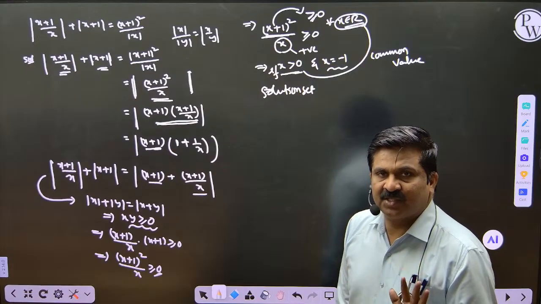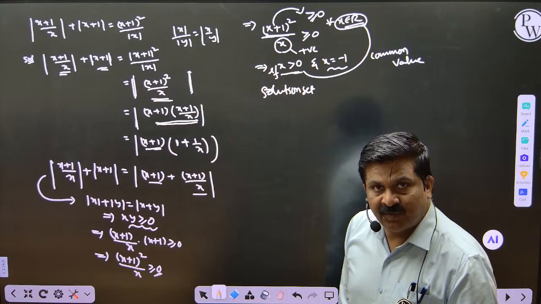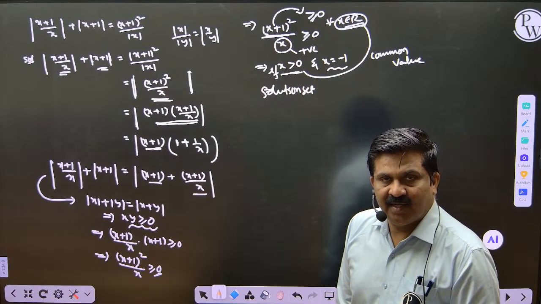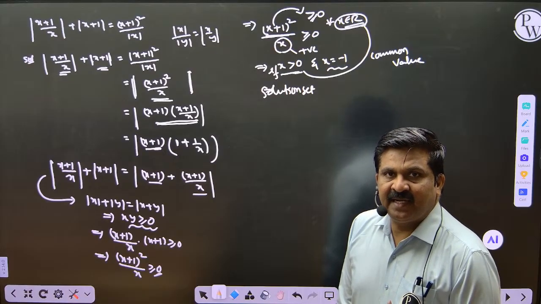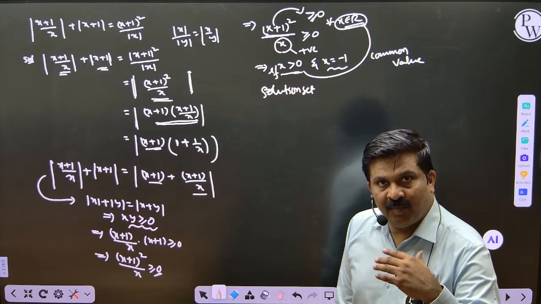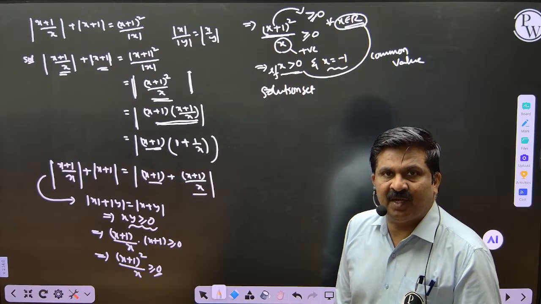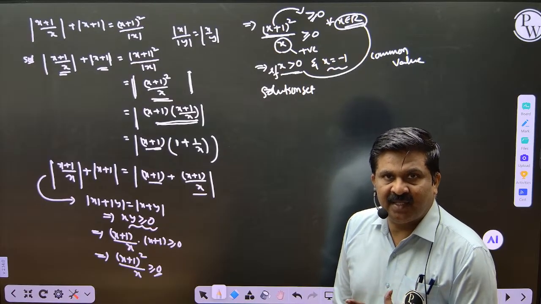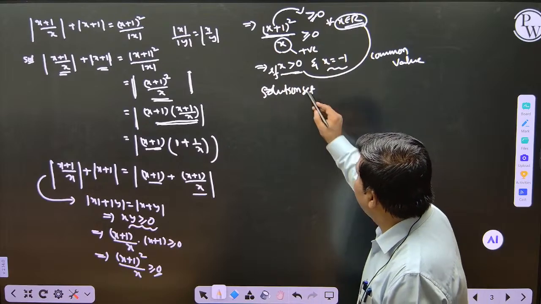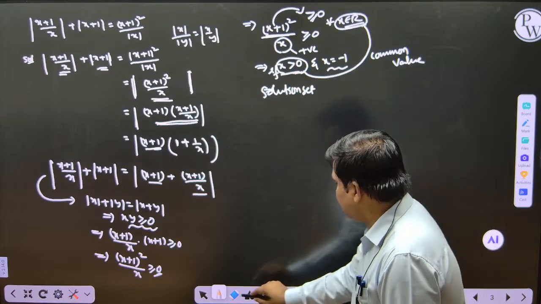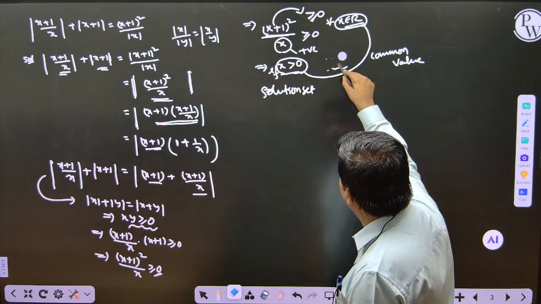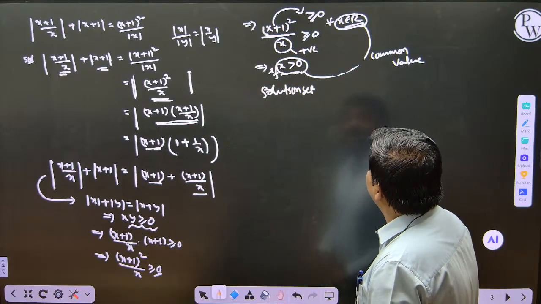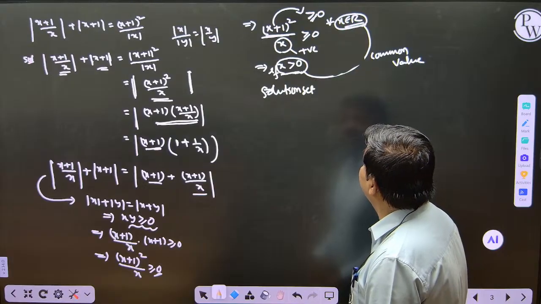But the denominator is positive only for x greater than 0, since the inequality holds when the denominator is greater than 0. The only fact here is that the denominator should become greater than 0, so x should be greater than 0.